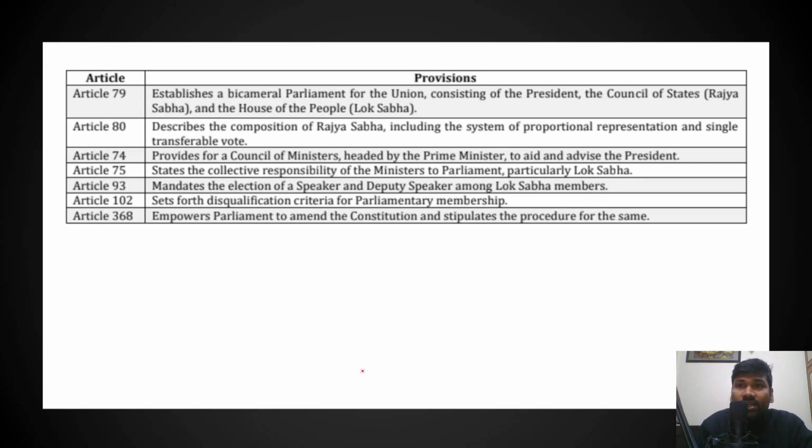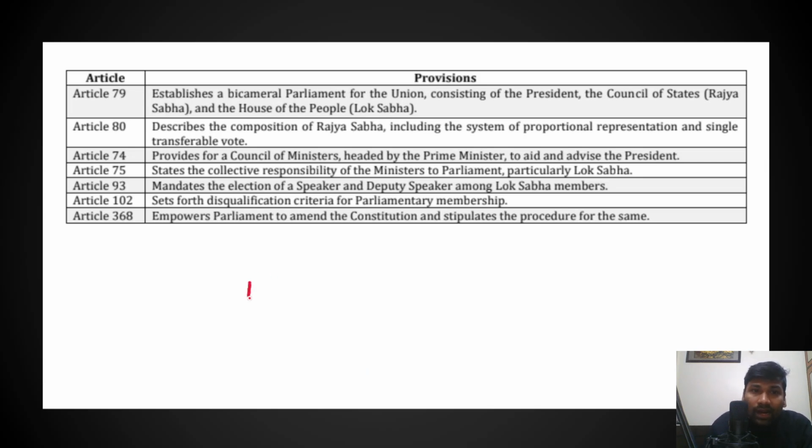And in this context, we have some important constitutional provisions. Kindly go through all these important constitutional provisions, because whenever you write answers, it is very important that you mention these constitutional provisions as examples. Those examples would certainly enrich your answer.